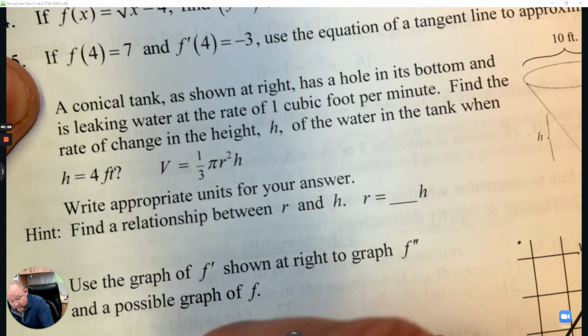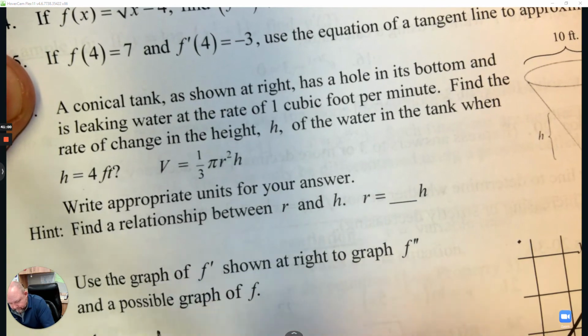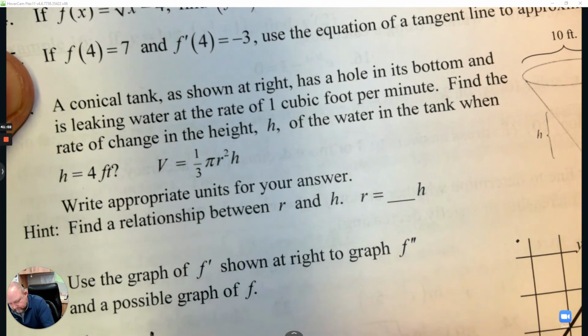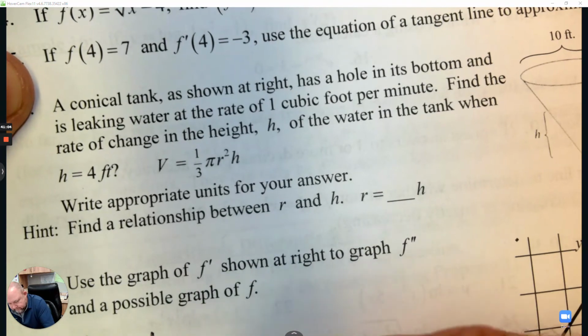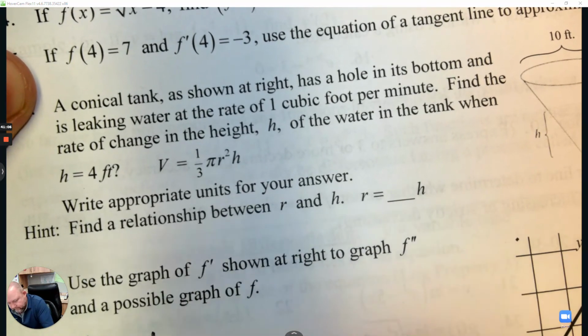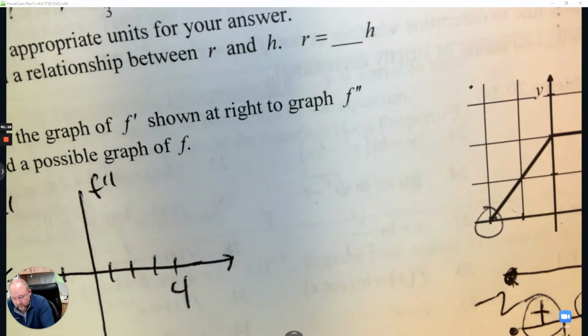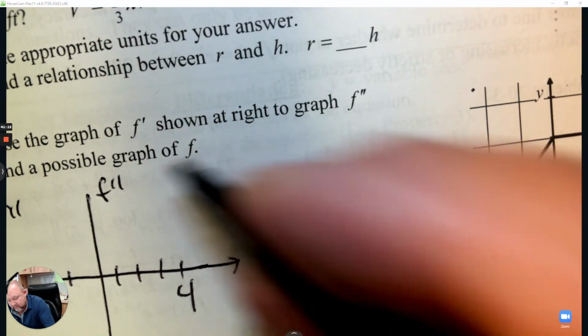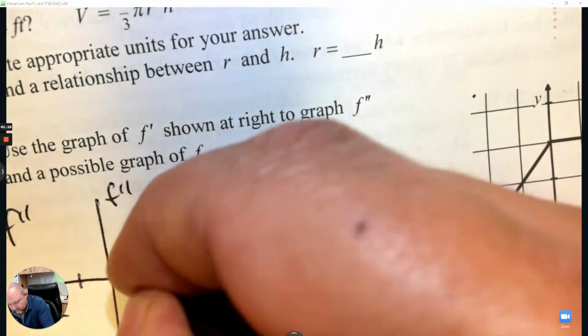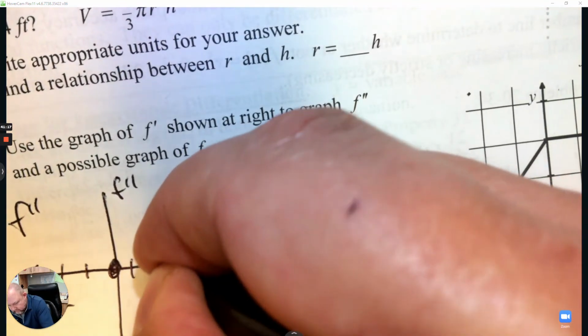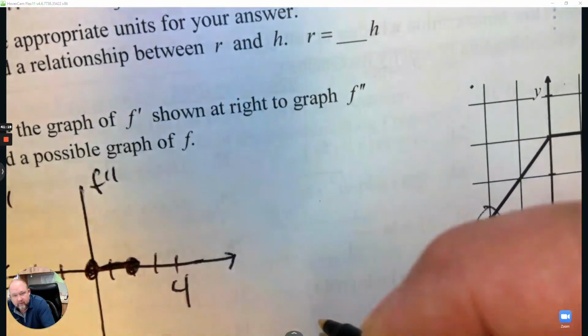So for the second derivative, I need to go from negative 2 to 4. So we know at 0 to 2, it's 0.